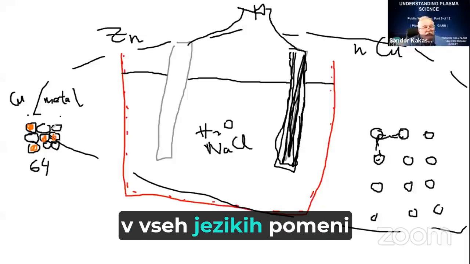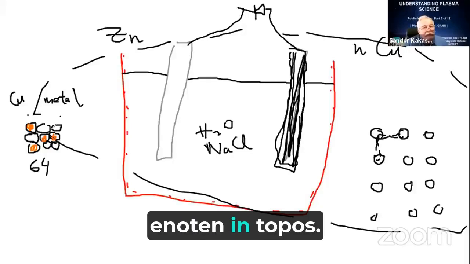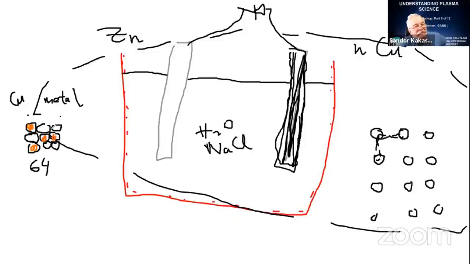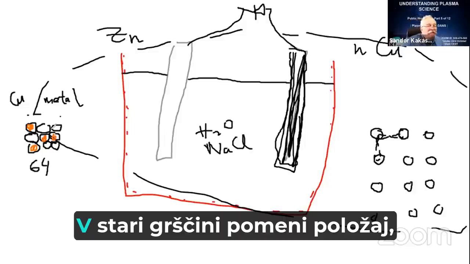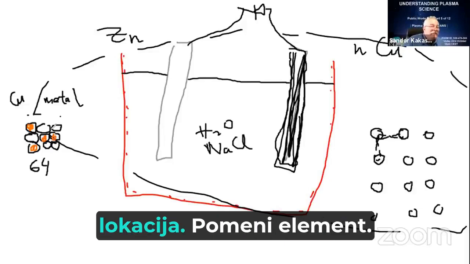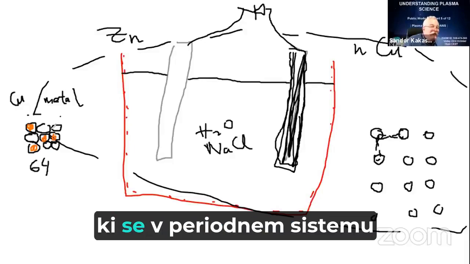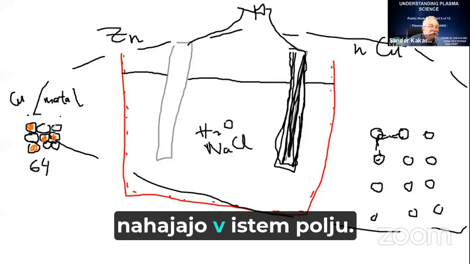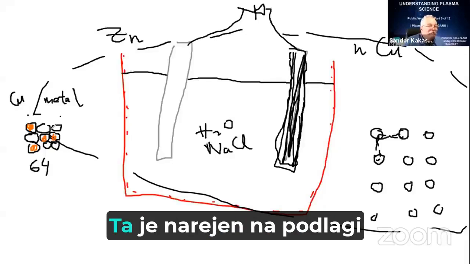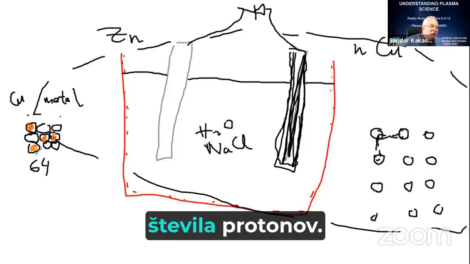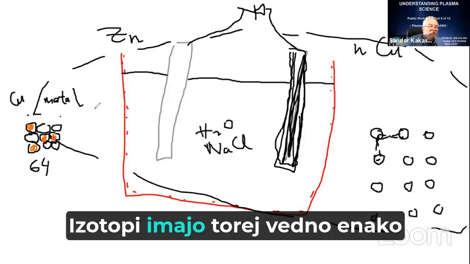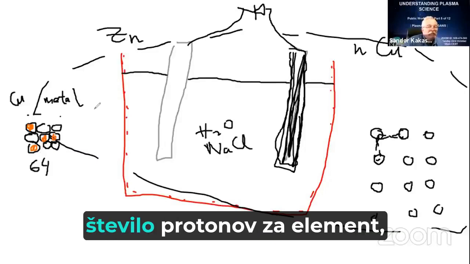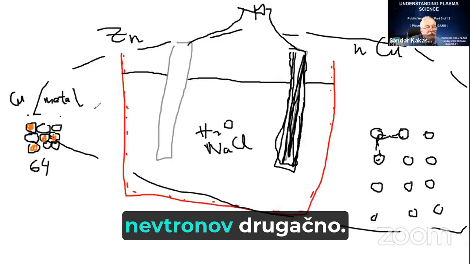Iso means uniform, and topos in old Greek means position, location. Isotopes are the elements which are located in the same box in the periodic table. That's based on the number of protons. So isotopes always have the same number of protons for an element, but the number of neutrons is different.